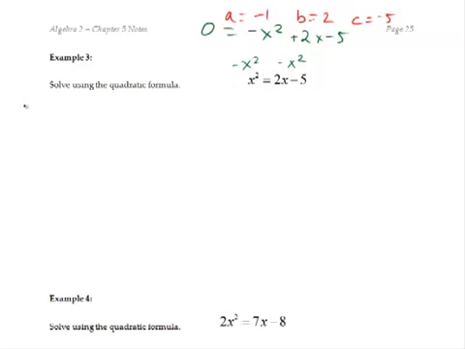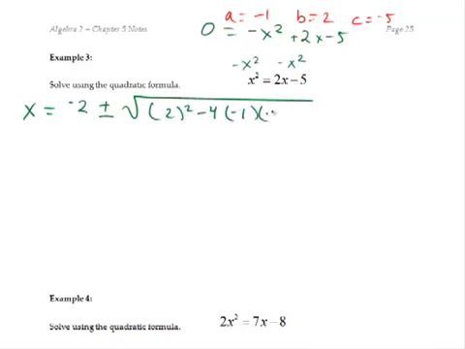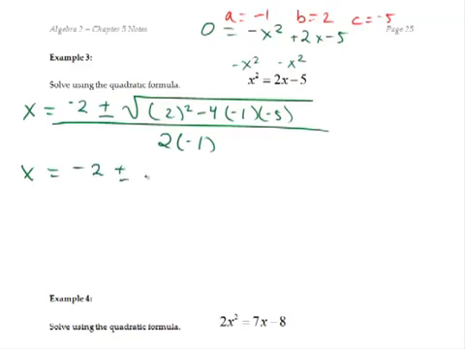So we end up getting x equals opposite of b, so negative 2, plus or minus square root b squared minus 4ac all over 2a. Negative 2 plus or minus the square root of 4.